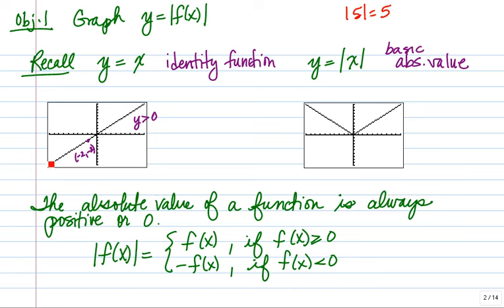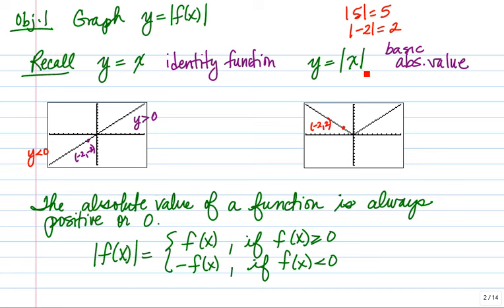Now what happened where it was negative? That is where the y values were negative. Well, when we took the absolute value of them, they became positive, right? Because what is the absolute value of negative 2? It is positive 2. So instead of (-2, -2) on the graph of y is equal to x, on the graph of y is equal to absolute value of x, it is (-2, 2).